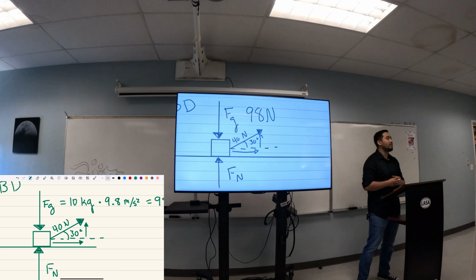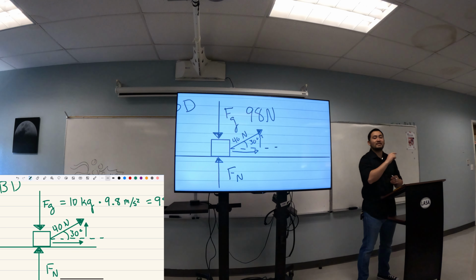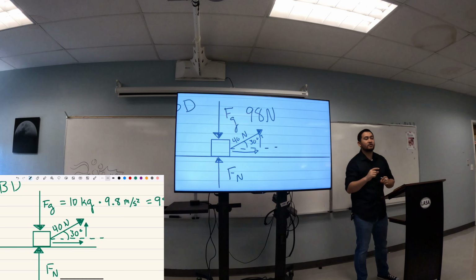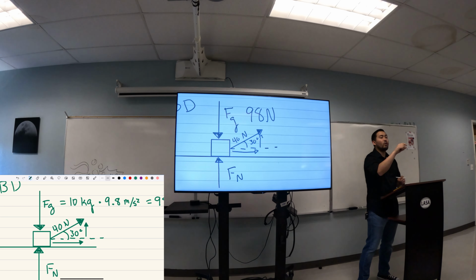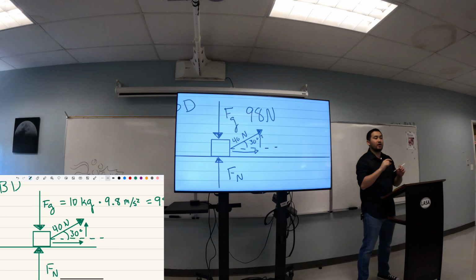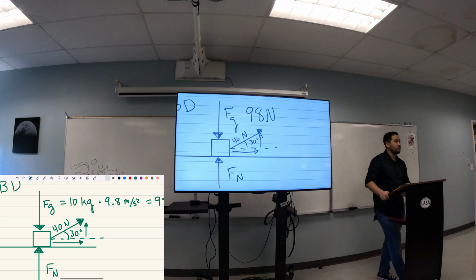Okay, but at the same time, we need to find out what the acceleration of this box is. So can anybody in here right now tell me what direction is the net force on this box? To the right? To the right is absolutely right. A lot of you guys were just pointing, but yes, you're right. To the right.